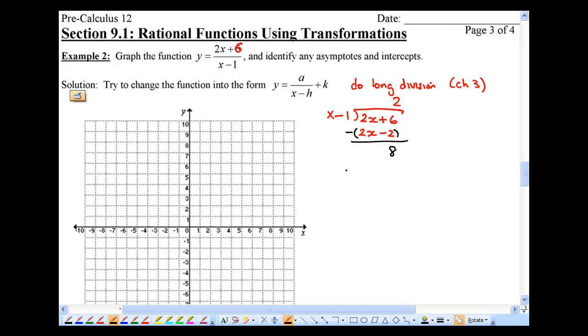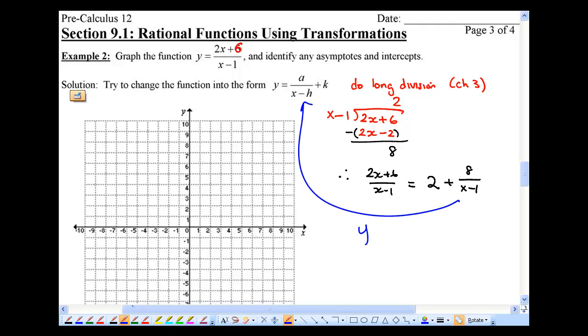And so you've rewritten this function, 2x plus 6 over x minus 1, as 2, that's your quotient, plus 8 all over x minus 1. In that format, I'm going to say now y equals 8 over x minus 1 plus 2.